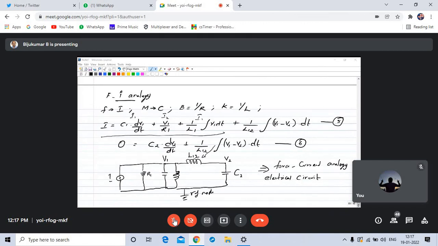So if you have any doubt, please ask. See, this one is for a translational system, right? Suppose it is a rotational system, instead of force, torque will come into the picture.